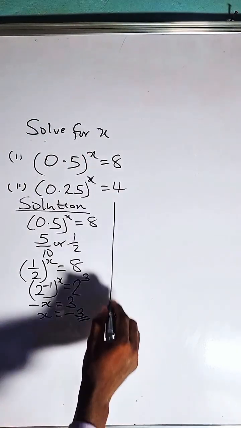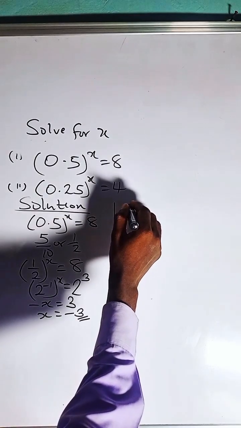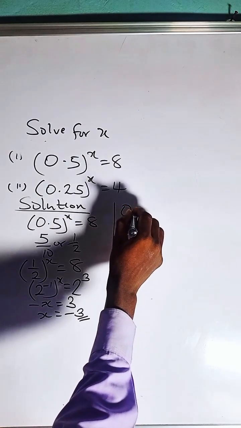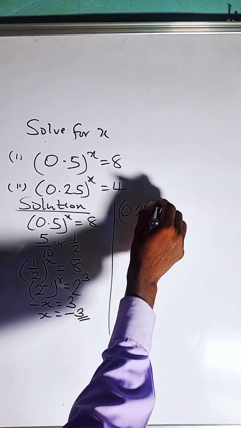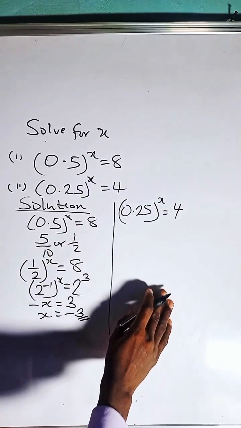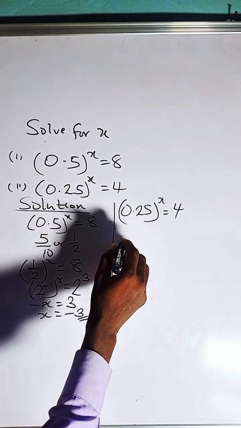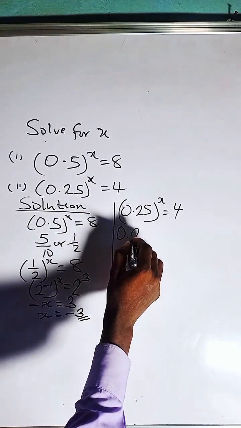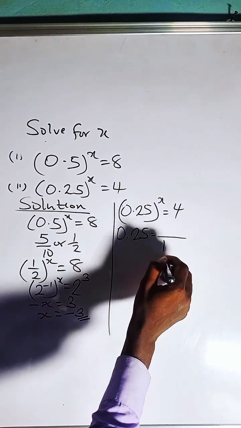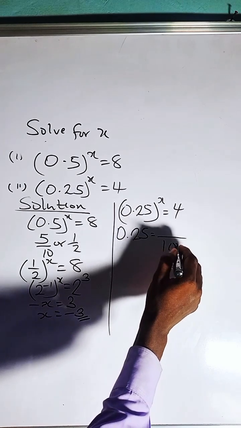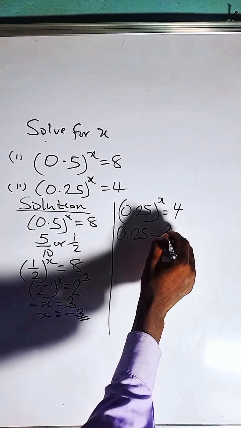And for the second equation, we have 0.25 raised to the power x equals 4. Let us convert this to a fraction. From 0.25, the point goes away and we have 25 over 100.